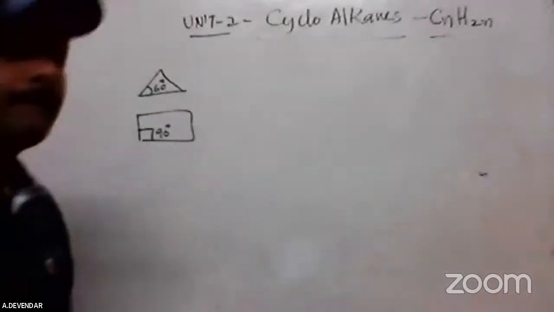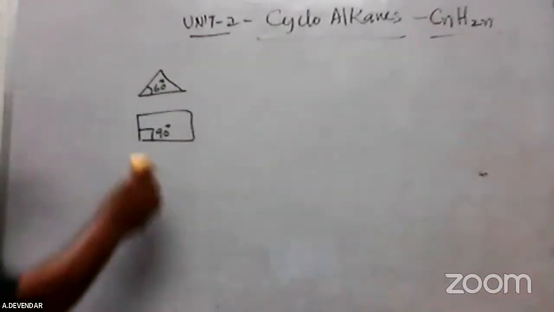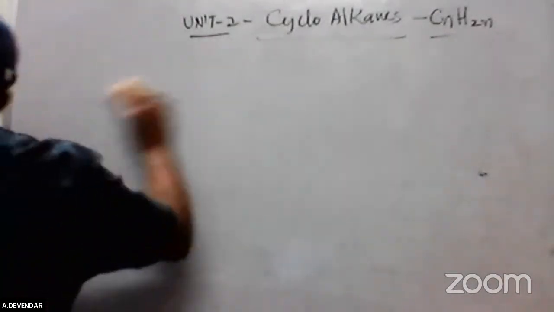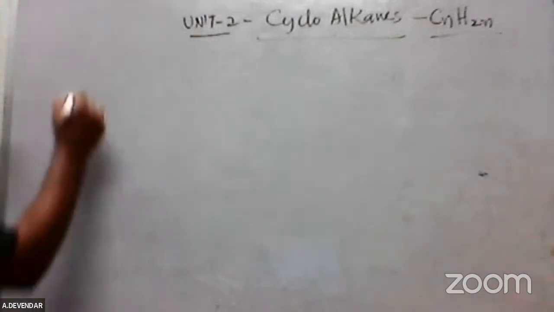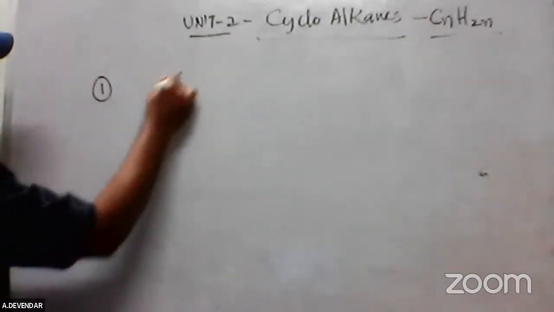It is calculated by the Baeyer strain theory. Baeyer calculated the bond angle strain of each molecule with the help of the normal bond angle. First, I am taking cyclopropane.